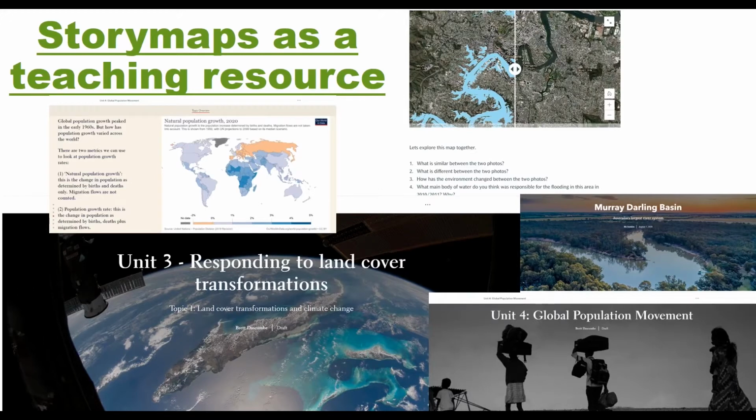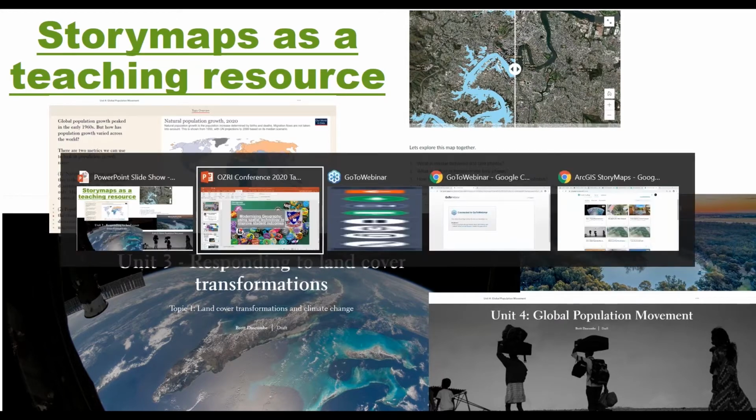I'm starting to embrace the young teachers' philosophy and using StoryMaps as a teaching resource, particularly for my senior units, Unit 3 and Unit 4. I've seen some excellent examples of this. I'm just going to show you. Let's just go to, sorry.